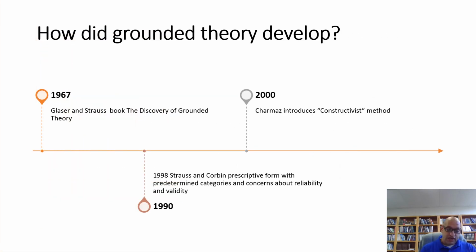Now, how did the theory develop? This particular design set, as I said, in 1967, Glaser and Strauss had a book published on this, and this is where they developed the design methodology. And it was not until the 1990s where we see Strauss and Corbin pick up this form of a prescriptive way of predetermining categories and concerns about reliability and validity.